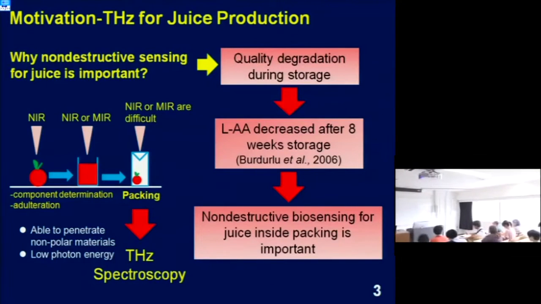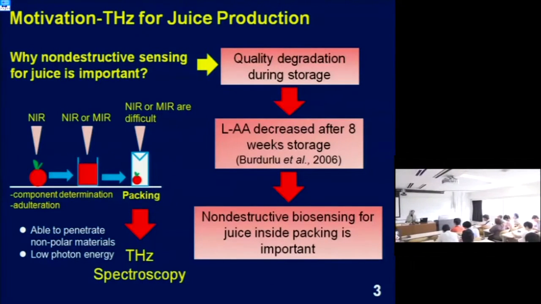Yulia-san: Ultraviolet waves can penetrate much more than the infrared resolution, but is it really possible to distinguish the better fresh juice and old ones in the spectrum from the Terahertz region? Sorry, please repeat. Can you distinguish the better juice and the worse one, the contained juice, from the spectrum in the Terahertz region?